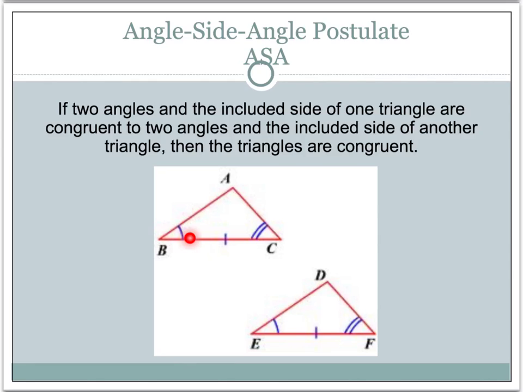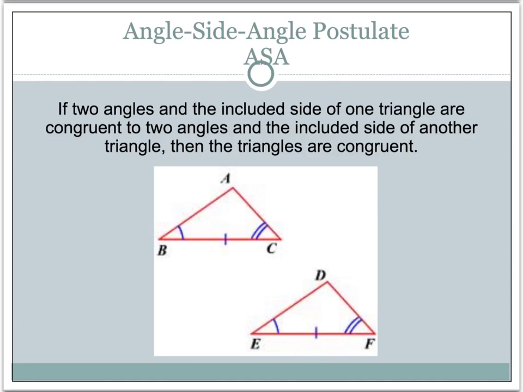Basically it's just like the picture shows. Angle B is congruent to angle E, so there's one angle. Angle C is congruent to angle F, so there's another angle. That means I have my two A's. Now I'm looking for an S to be able to use angle, side, angle. We know that segment BC is congruent to segment EF.